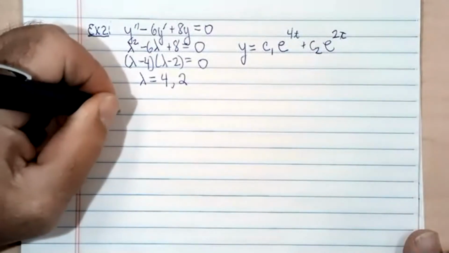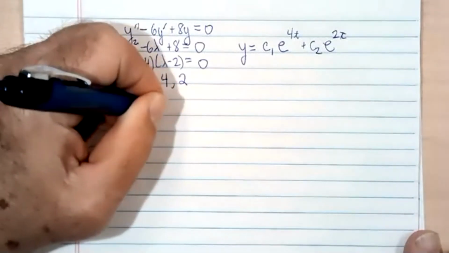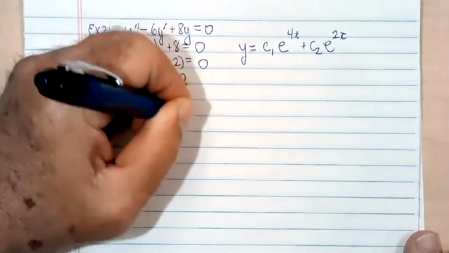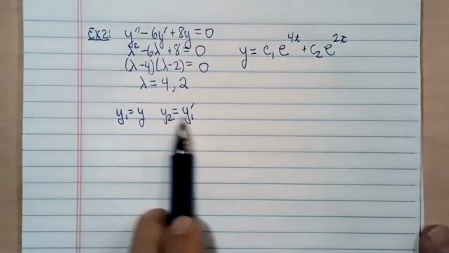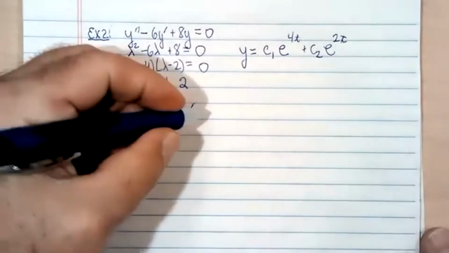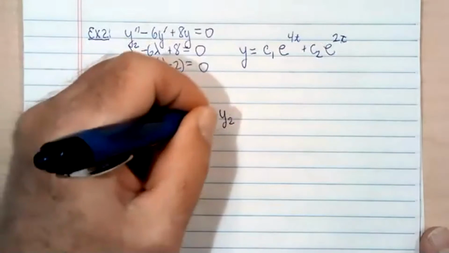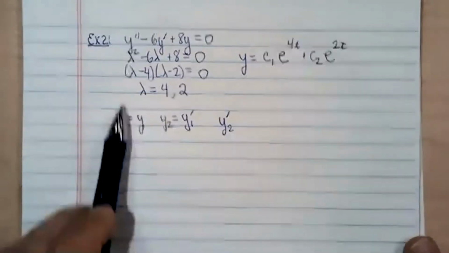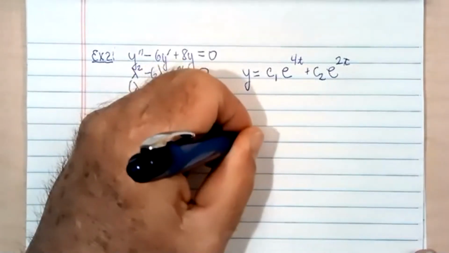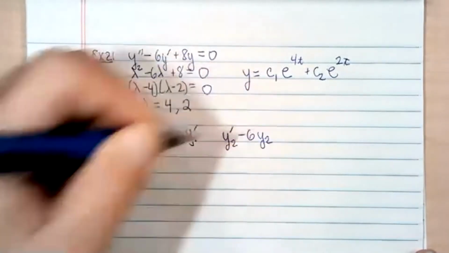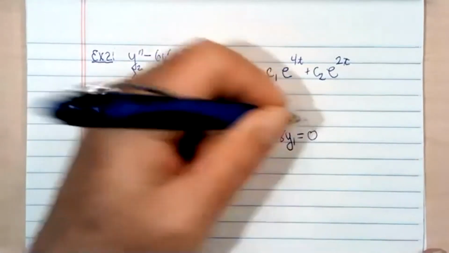Well, we want y1 equal to just plain old y. y2 is equal to y1 prime, that's one of our equations. We just read it the other way: y1 prime equals y2. And y2 prime is y1 double prime, so it's that first term in the equation, minus 6 y2 plus 8 y1 equals 0.